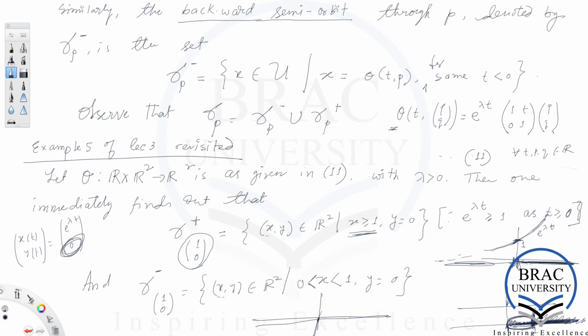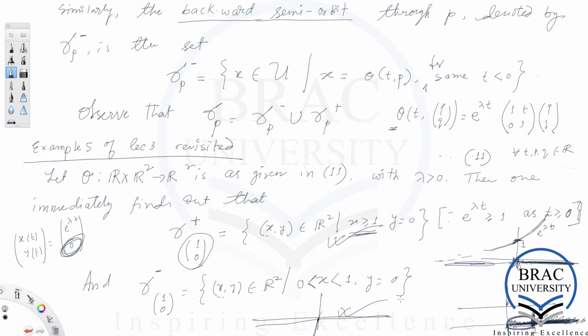So it's bounded. The backward semi-orbit is bounded, while the forward semi-orbit is unbounded.